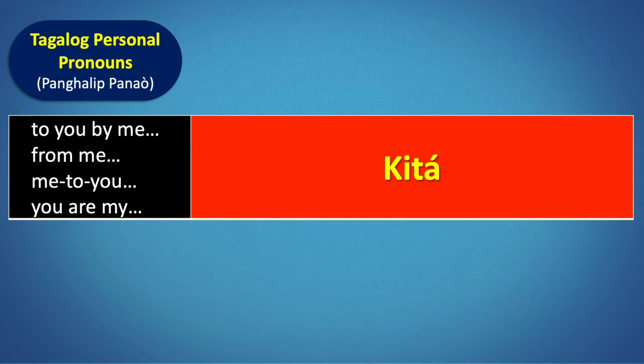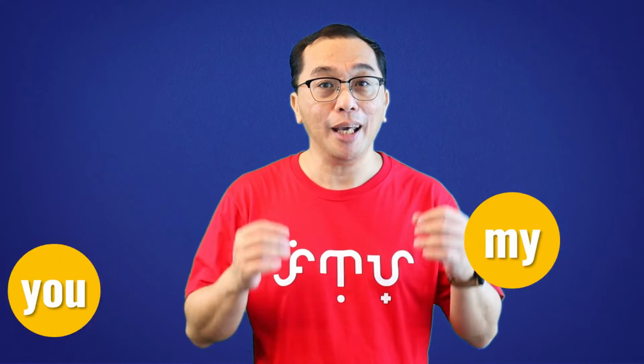Linguists refer to Kitá as the pronoun that equates to you by me, to you from me to you, and you can add you are mine into the list. Kitá has the elements of I, me, my, and you in one pronoun.